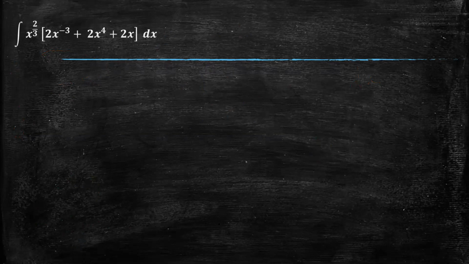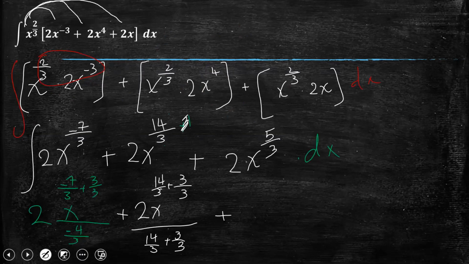Plus 2x to the power 5 over 3 plus 1, over 5 over 3 plus 1. Then you will simplify them.